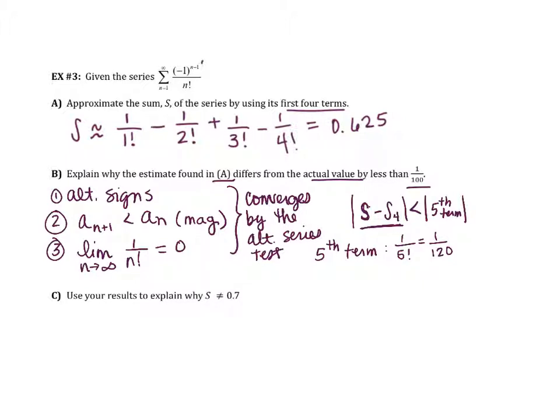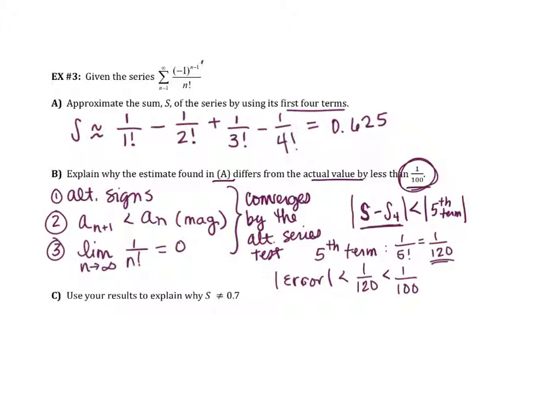So here's the first unused term. So that error would have to be equal to or less than 1 over 120. And so that 1 over 120 is going to be less than 1 over 100.